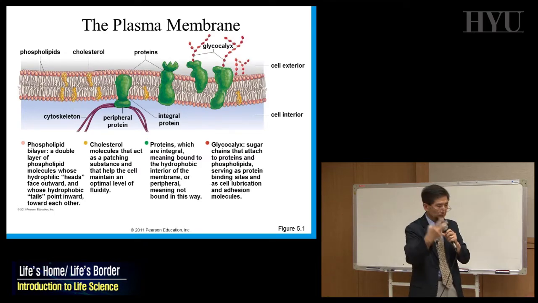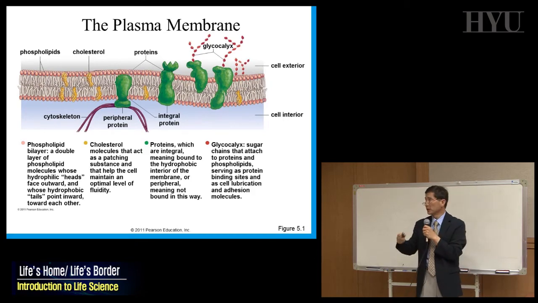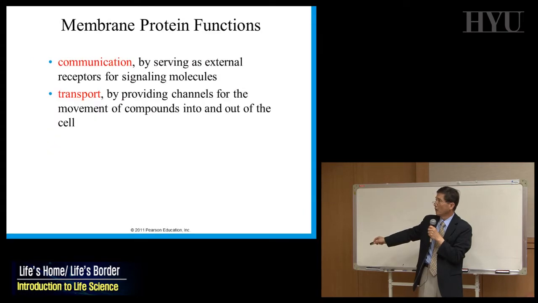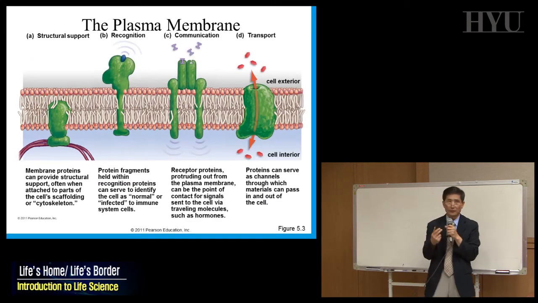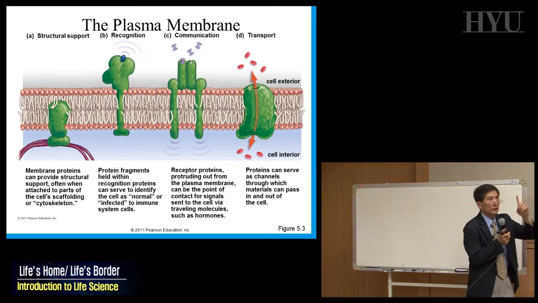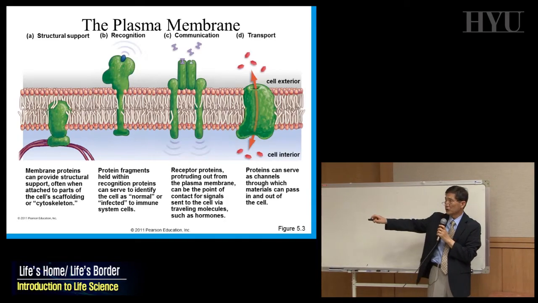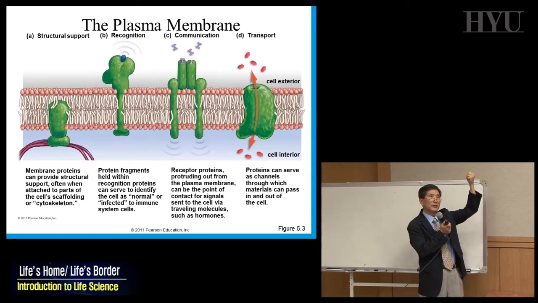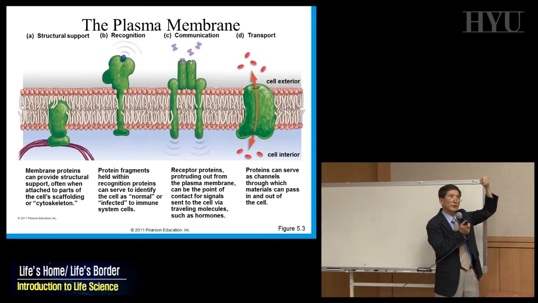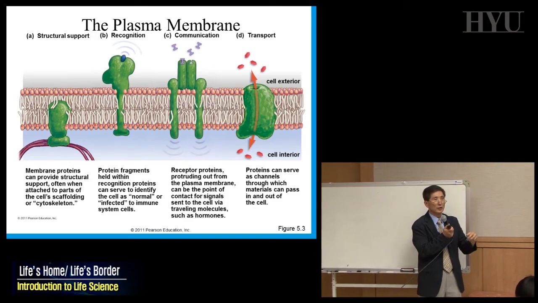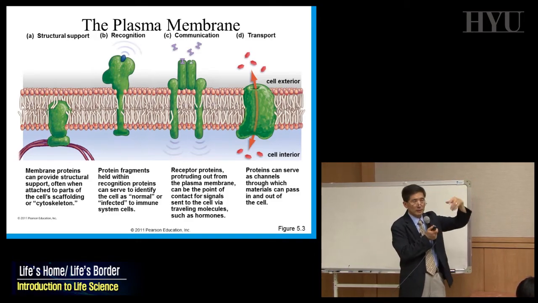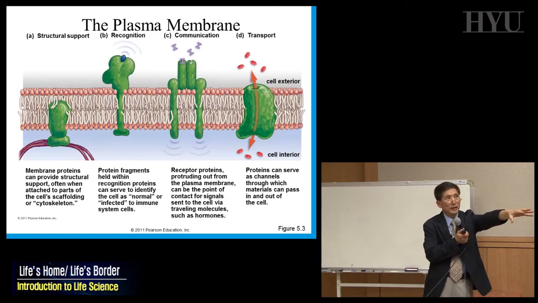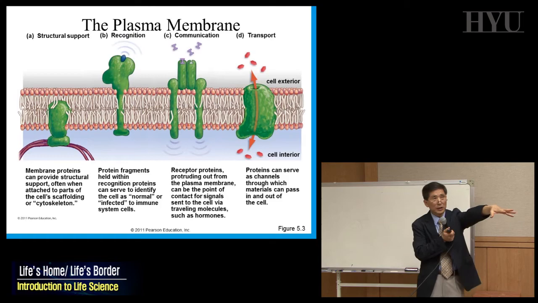There are 2 types of protein, but this protein can have many different functions. They can have 4 different functions. Number 1 is structural function. You have to have an anchor into the membrane. Do you remember the macrophage trying to eat the bacteria using the cytoskeleton?